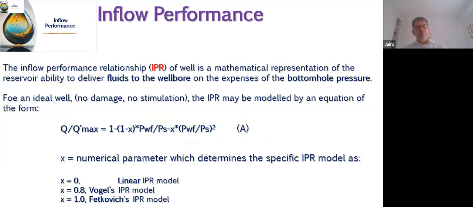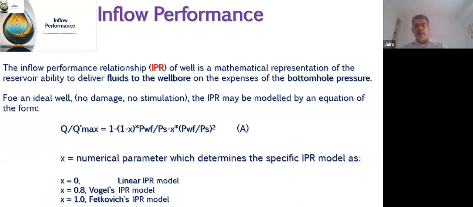For an ideal wellbore, no damage, no stimulation, the IPR might be written in this form: Q over Q max equals 1 minus (1 minus X) times the ratio of flowing bottom hole pressure over static pressure, minus X times that ratio squared.